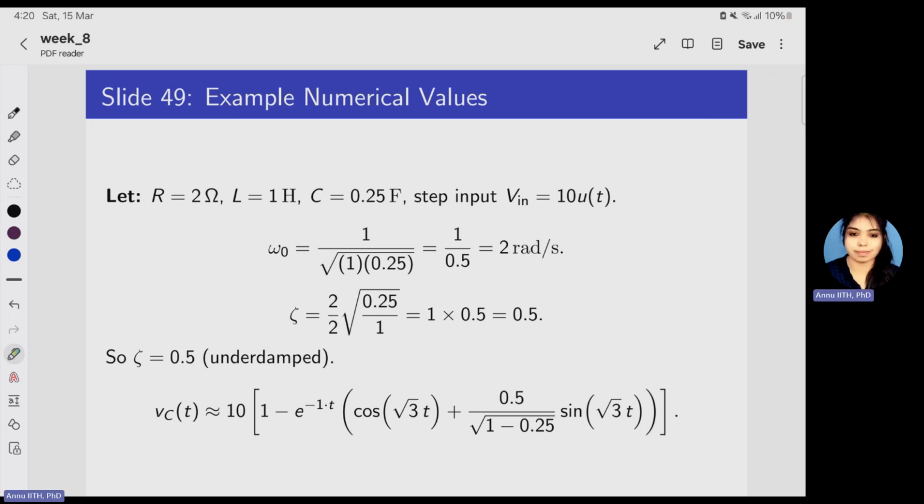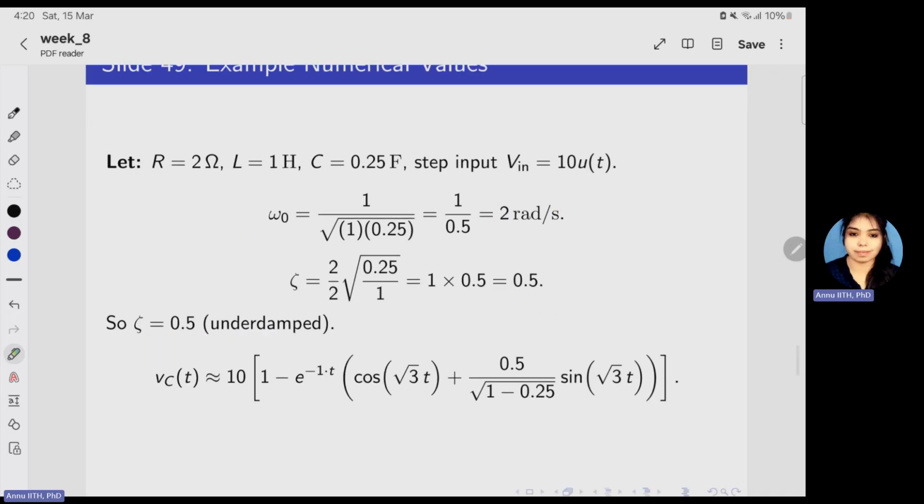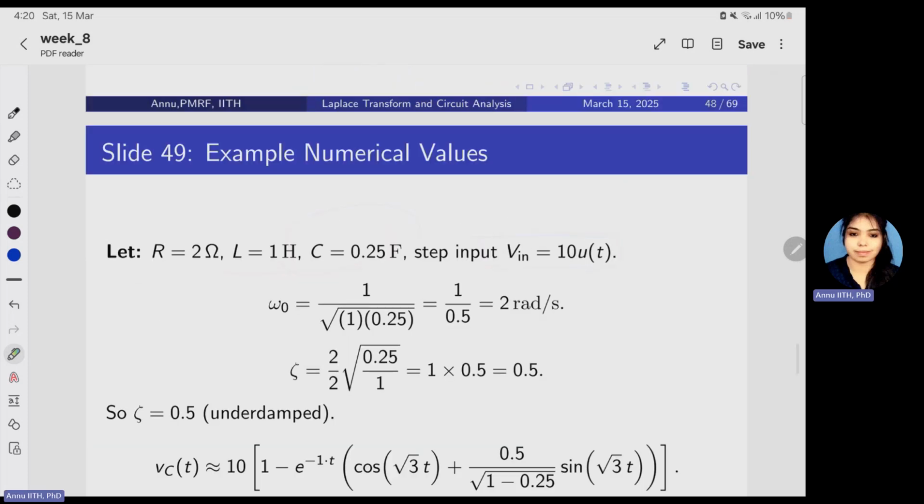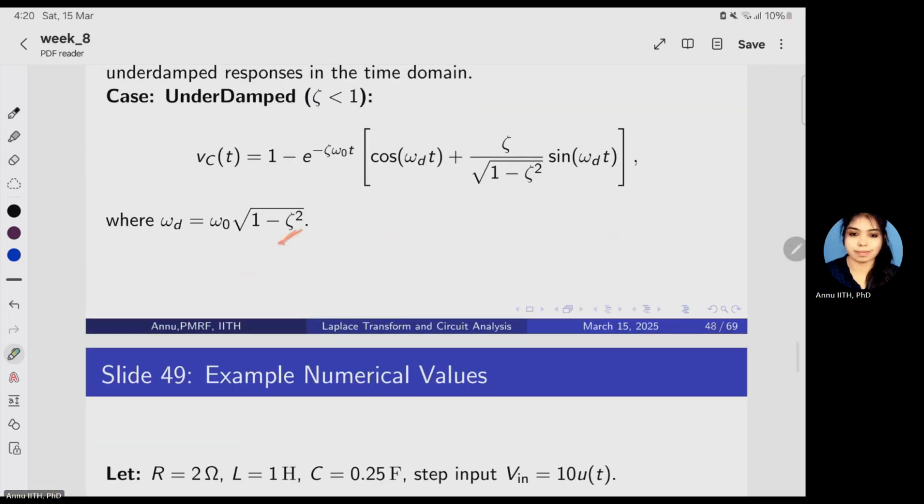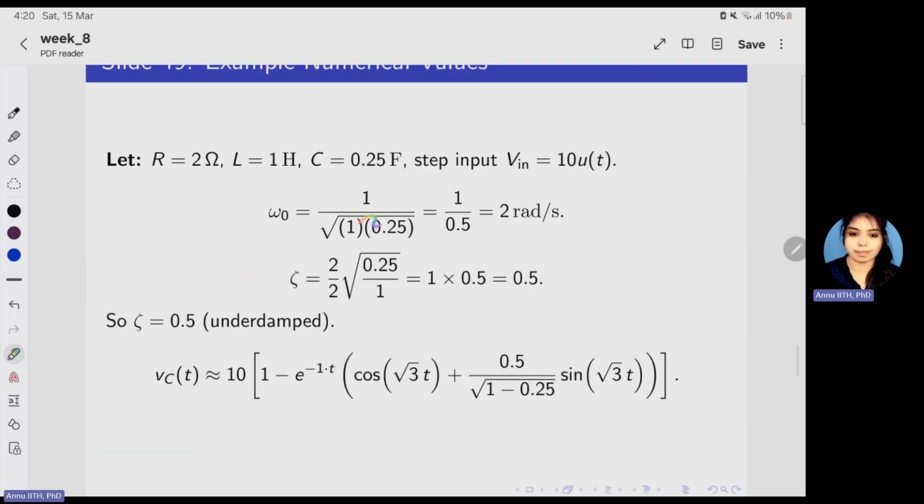With some example numerical values, I would like to give you an underdamped case, where underdamped means it is less than 1, so theta is less than 1. Suppose you have 0.5 and omega naught is 2 rad per second. It is giving theta as 0.5 because we have R as 2 ohm, L as 1 Henry, C as 0.25 farad, step response is 10 u(t). Then omega naught is root over LC.